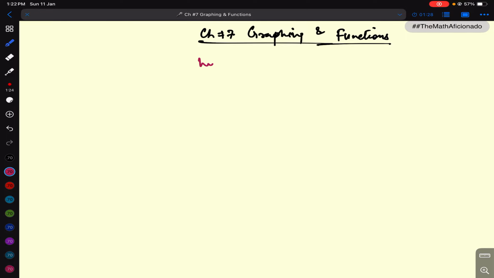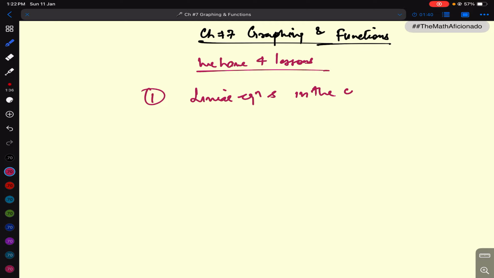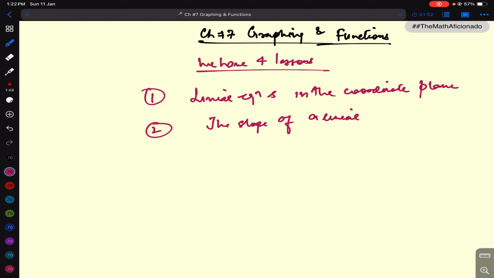So here we have 4 lessons. The first one is linear equations in the coordinate plane. The second one is the slope of a linear equation.